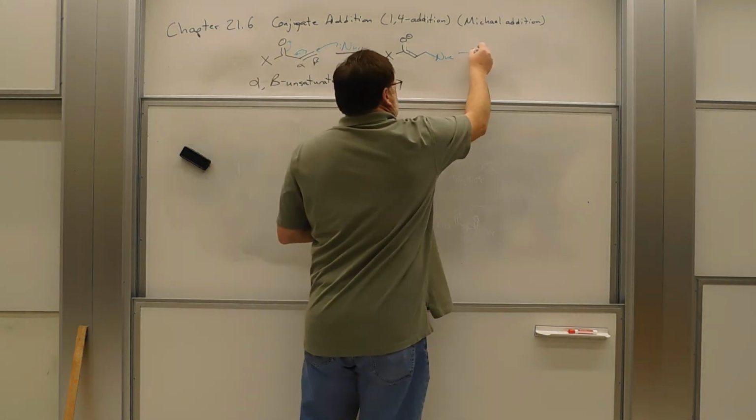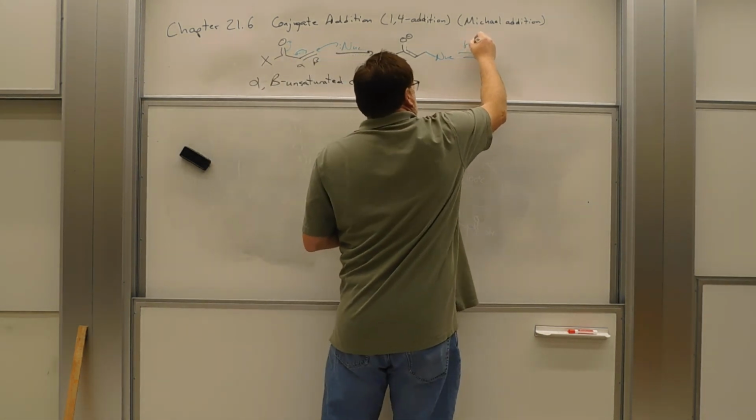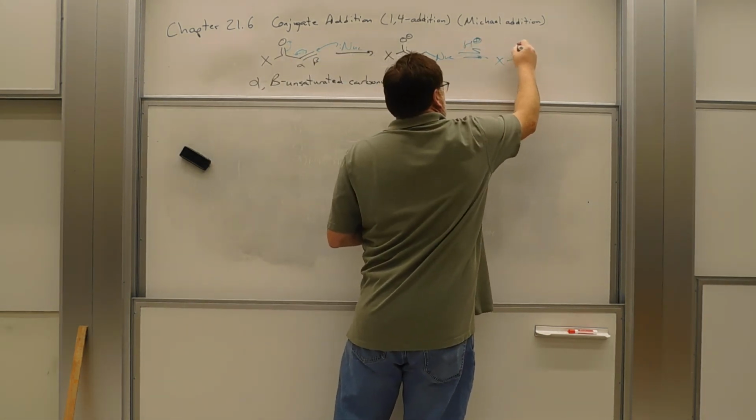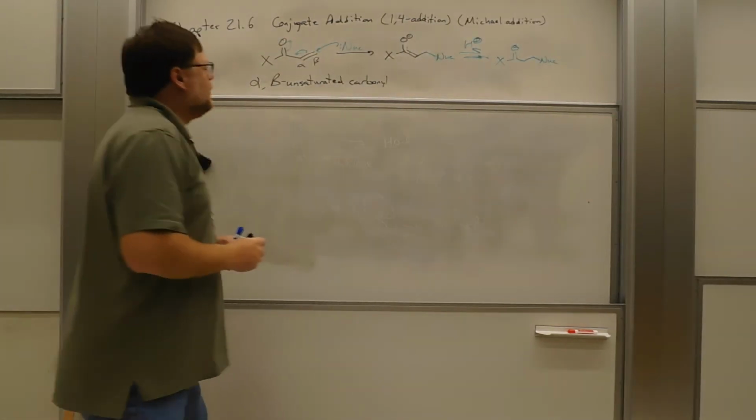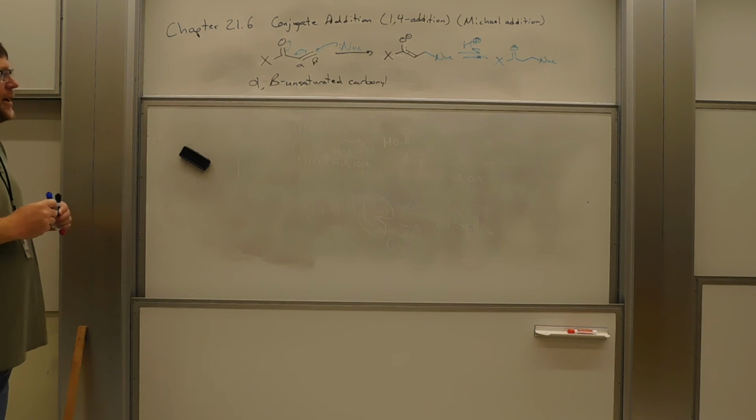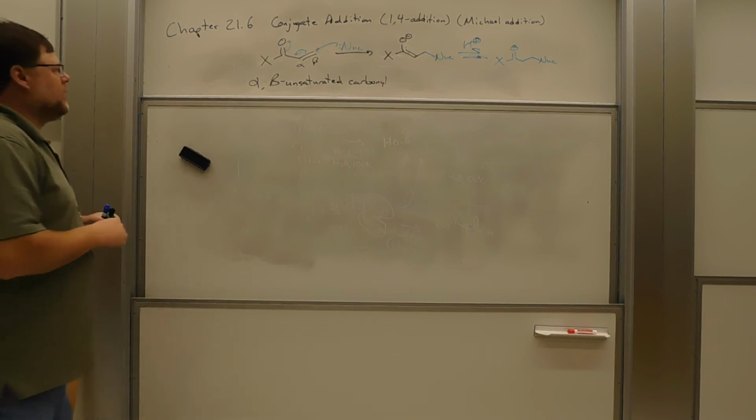And then throw some protons in, you're going to end up with addition out there. Okay, so that's called conjugate addition, and it differs from addition directly to the carbonyl compound.